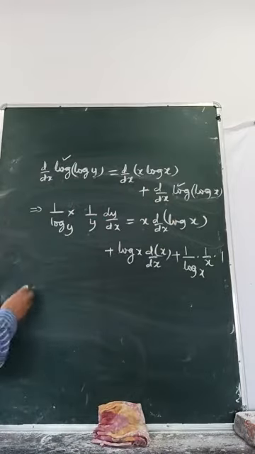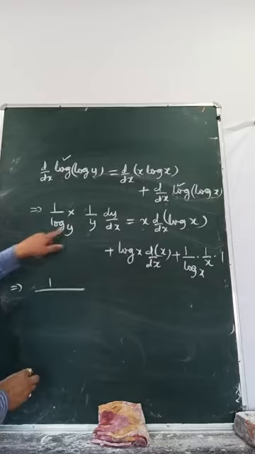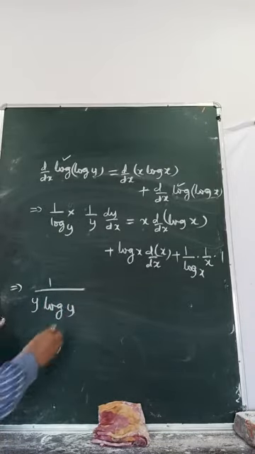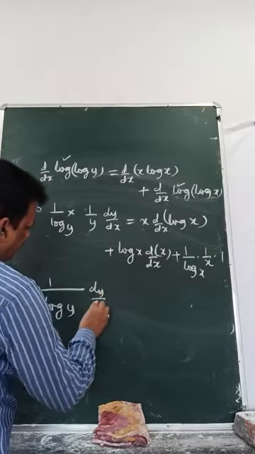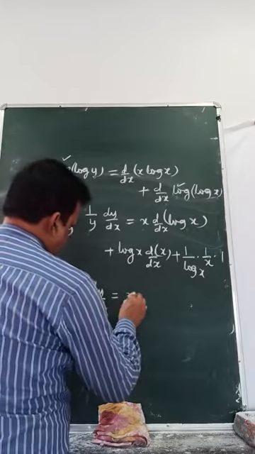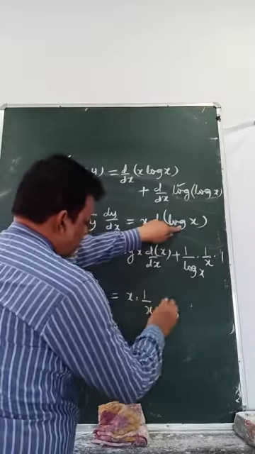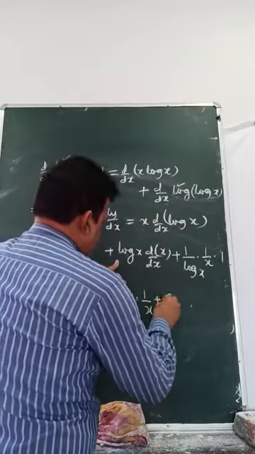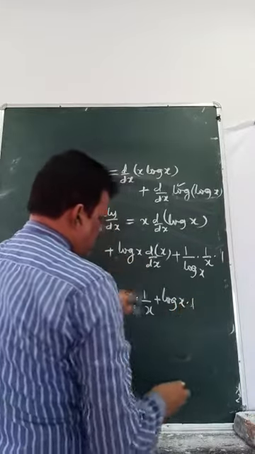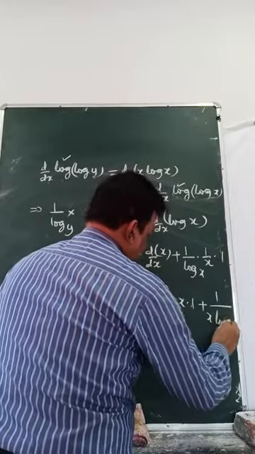So altogether, 1 by this y I can write here, y log y dy by dx equals x into its derivative 1 upon x, then plus log x, its derivative is 1, plus 1 by x log x.